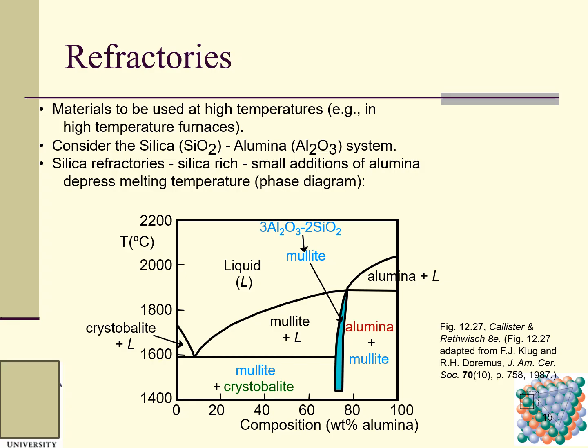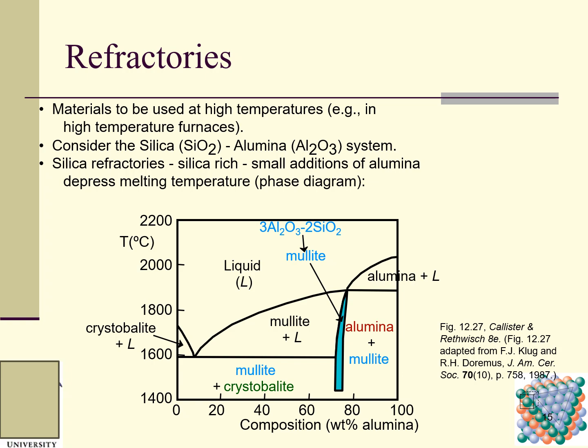Consider the silicon dioxide, aluminum oxide system: silica refractories are silica rich, and a small addition of alumina depresses the melting temperature, as in the phase diagram. Silica is very, very abundant in nature.